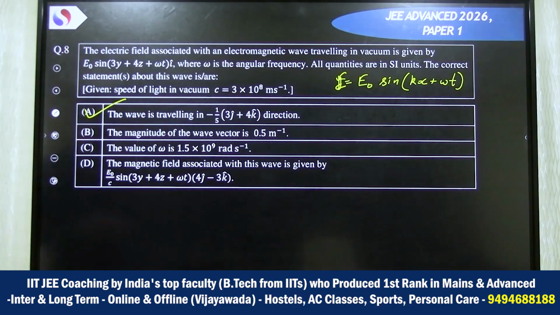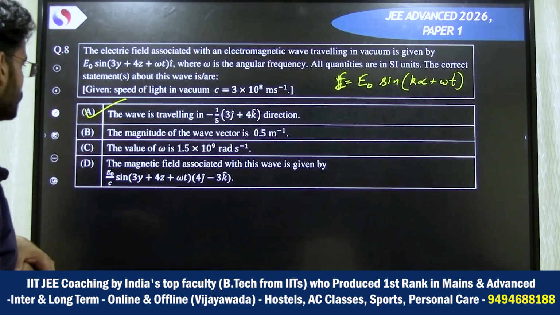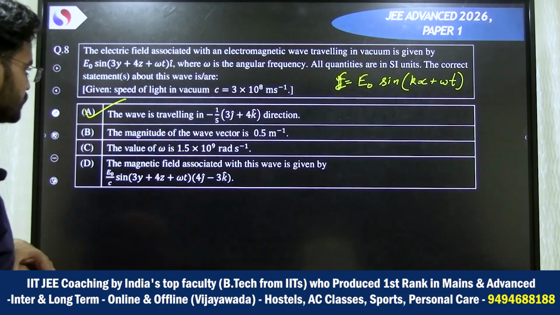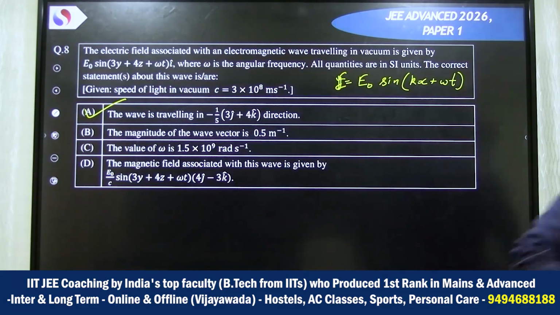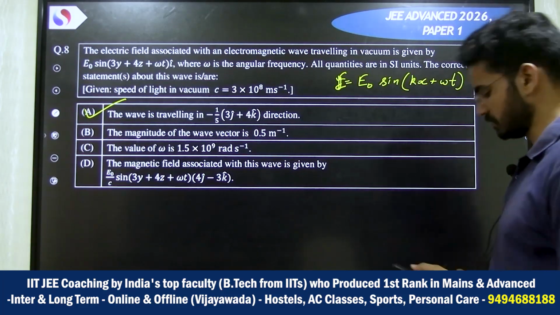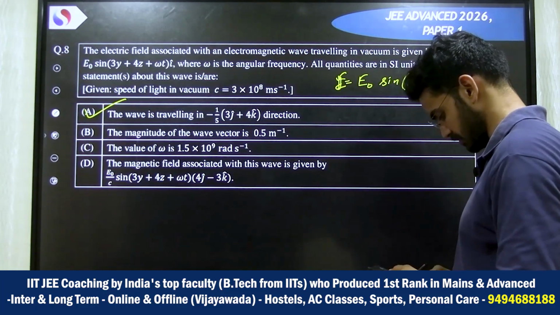The magnitude of the wave vector is 0.5. I think wave number will come. Let me check from the official paper. Wave vector or wave number, what is it?